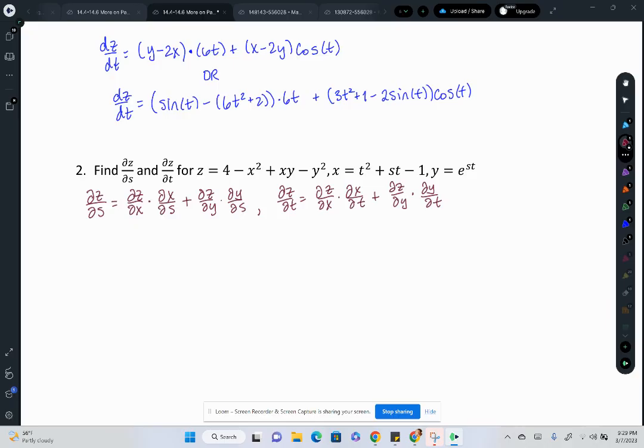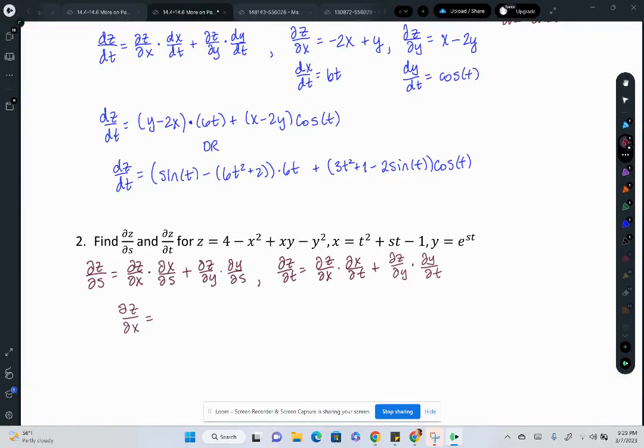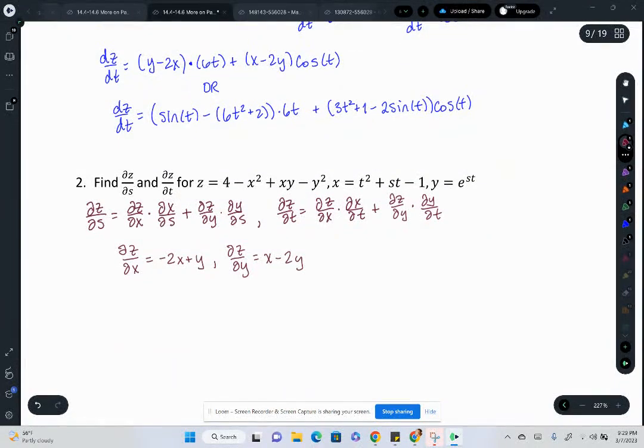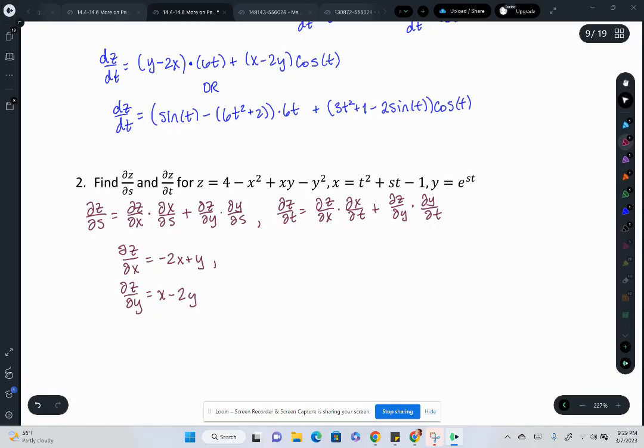Okay, now let's get all of our parts. Del z/del x, my dels are getting sloppier and sloppier. Del z/del x is equal to, well, looks like these are the same function as before, so I already have these. It's negative 2x plus y. Del z/del y is equal to x minus 2y. I'm going to do all my x stuff in a row and then all my y stuff in a row.